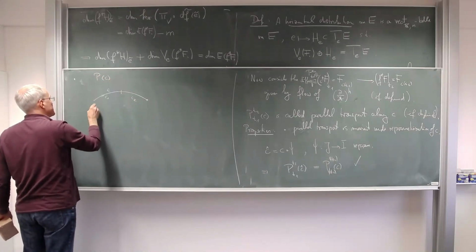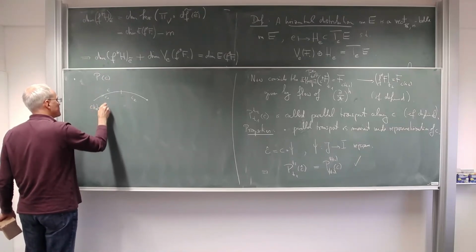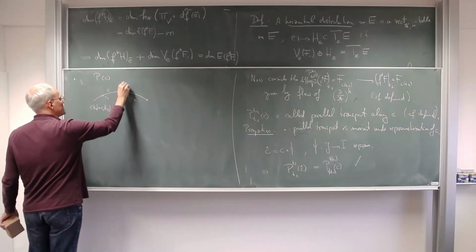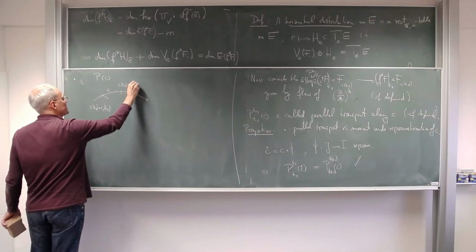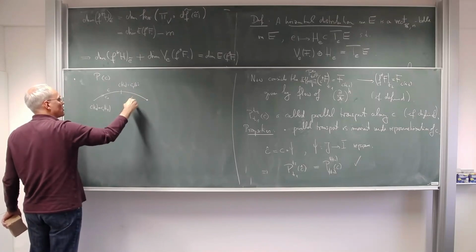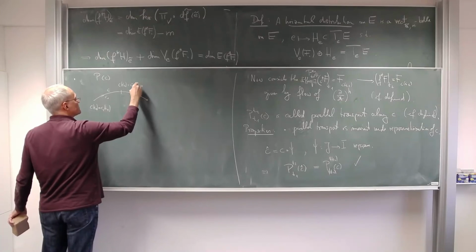this is C of T1, which is equal to C1 of T1, and then here we have C of T2, which is equal to C1 of T2. Also, since parameterization plays no role, I can parameterize C2 also to take the same parameter value here.